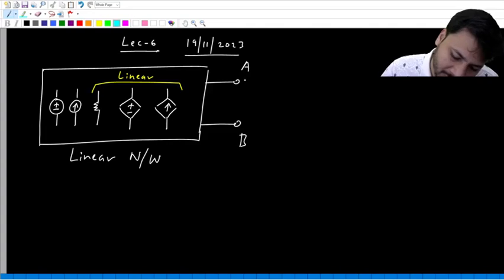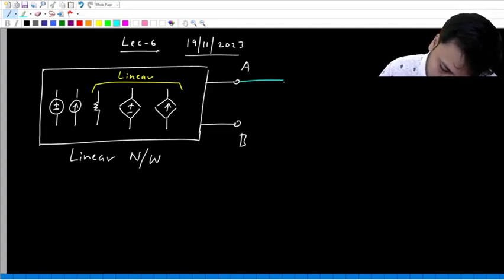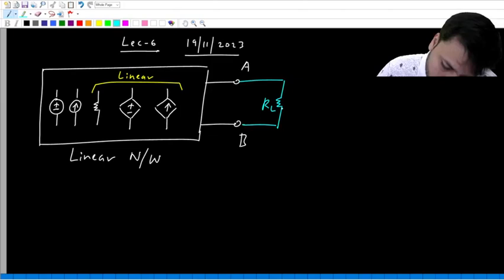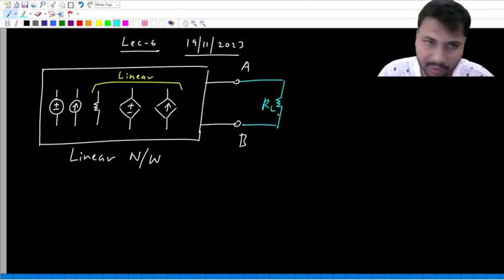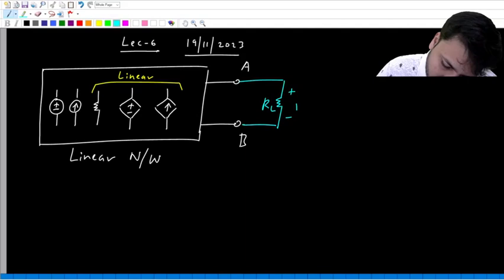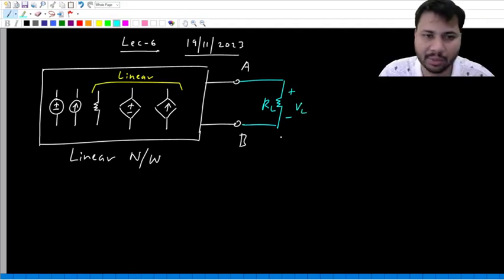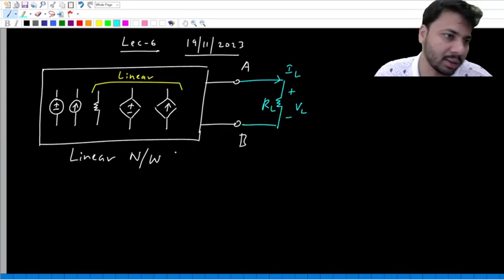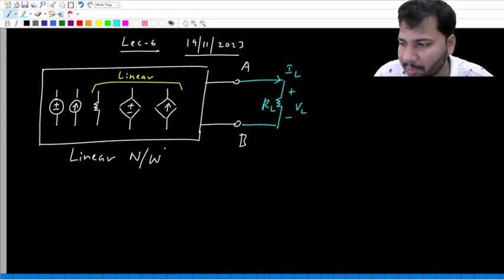Let's say outside of this linear one-port network, we have connected some load resistance RL, across which the voltage is VL, the load voltage, and IL is the load current. Let's say this is the complete circuit.